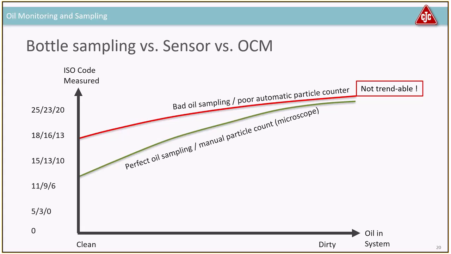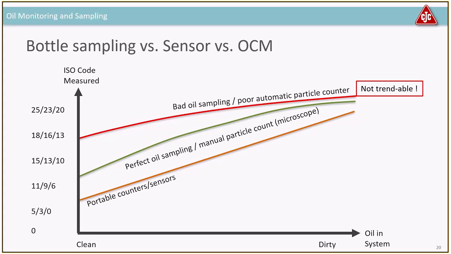When you then have online sensors, be aware that even the best sample bottles you can buy have an ISO code of 8 at 4 micron. So there will be a difference from an online sample point, where the sensor is measuring without any bottle, without interference from you guys, from the lab, from anything else. There will always be a difference.